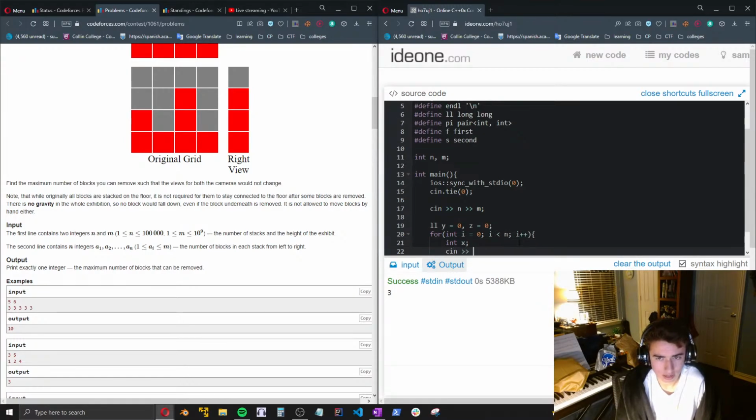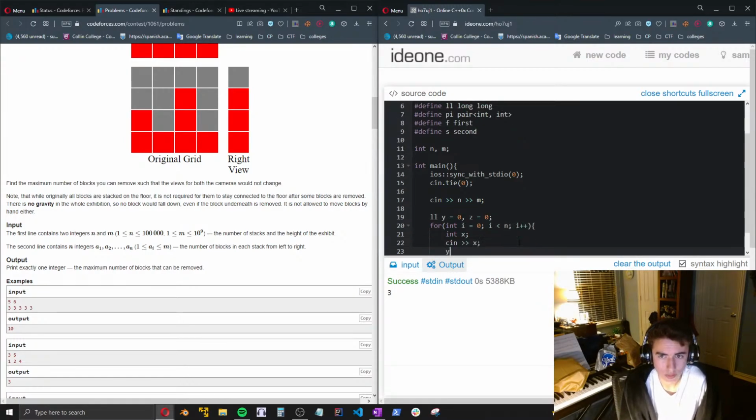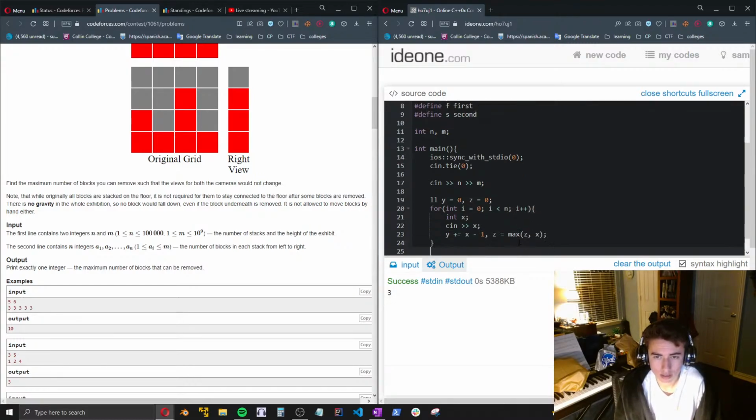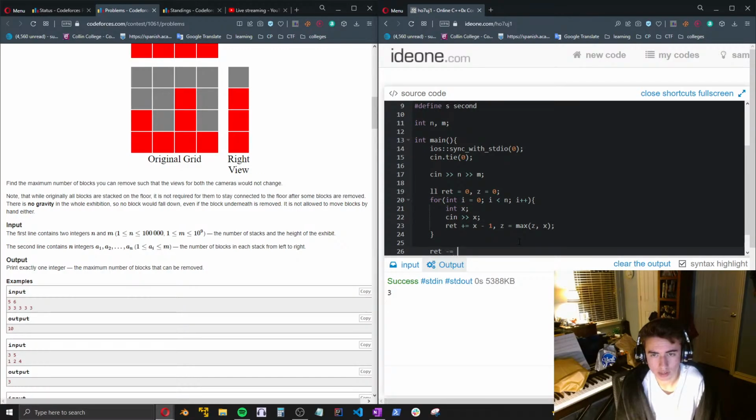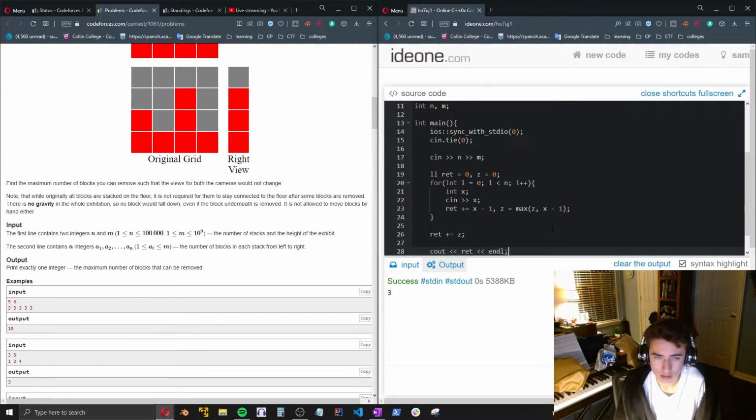And read into x. So y plus equals x minus 1, z is max of z and x. Let's do it like this, right? Then we do ret minus equals z minus 1. Now we just do cout, right? Alright, hopefully that makes sense. I think I understood it right.